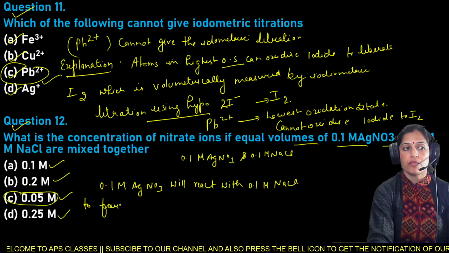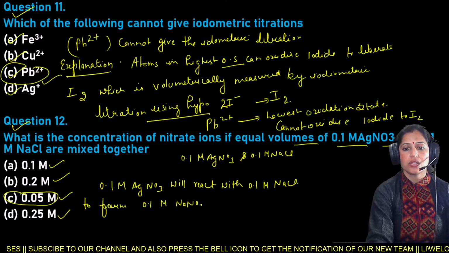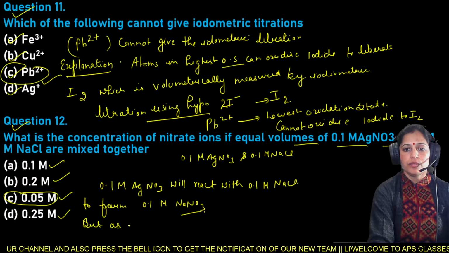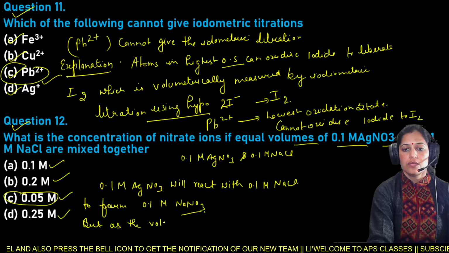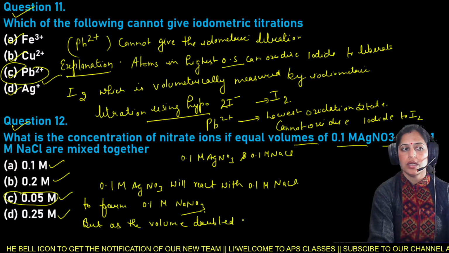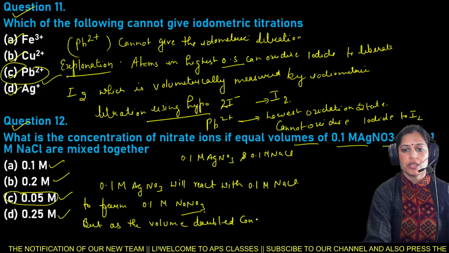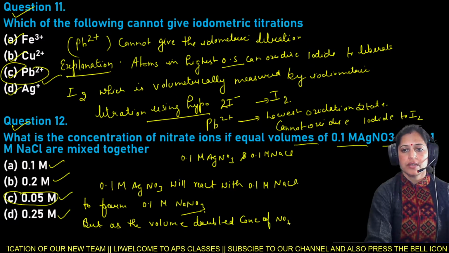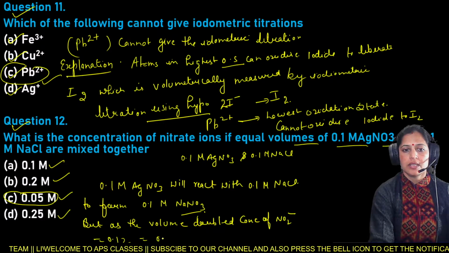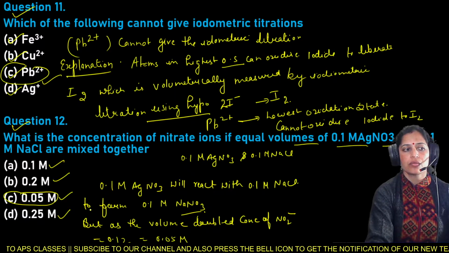After that, it will form 0.1 mole NaNO3, that is sodium nitrate. But as the volume is doubled, the concentration of NO3 negative is 0.1 by 2, that is 0.05 mole. So here this is the right answer for question number 12.